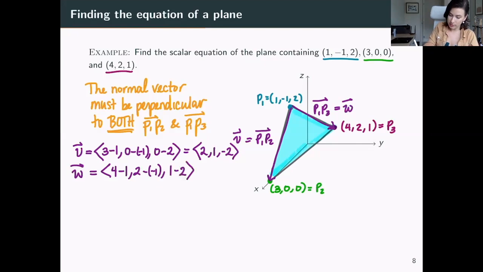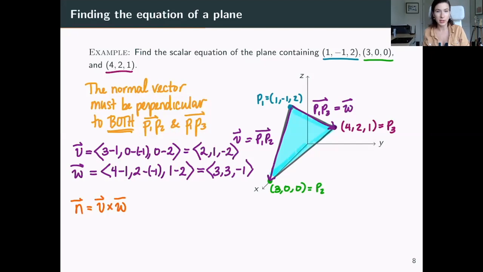And so that will simplify into 3, 3, negative 1 as my vector W. So again, the normal vector is going to be perpendicular to both of those vectors, and that will be given by n being equal to the cross product of V with W.